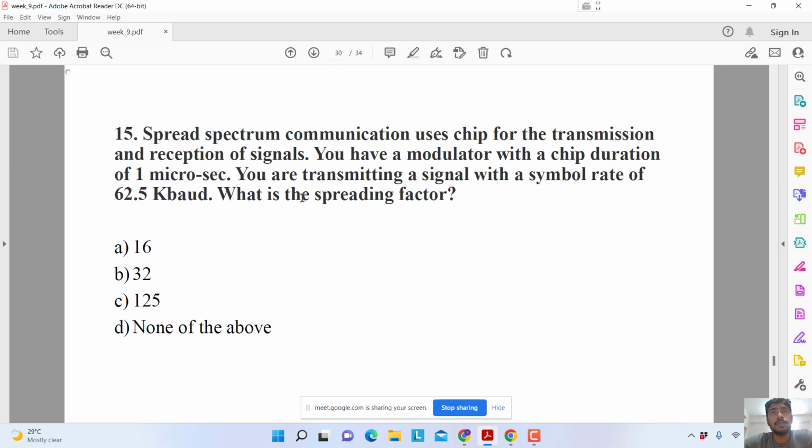I'm giving you a hint. You can calculate the symbol duration, and you have the chip duration. By dividing the symbol duration by the chip duration, you can calculate the spreading factor. From the symbol rate, you can calculate the symbol duration. Please try this, or let me know which is the right one.